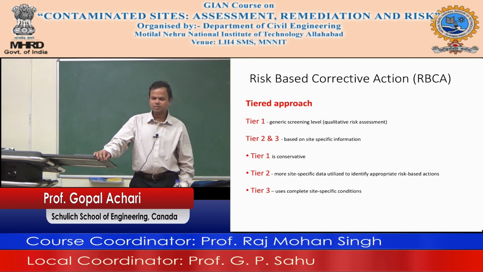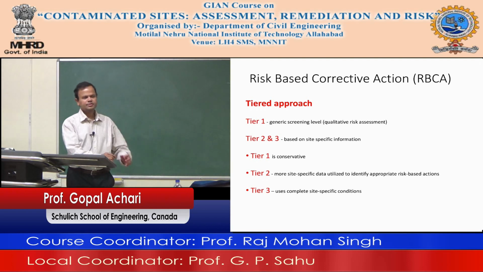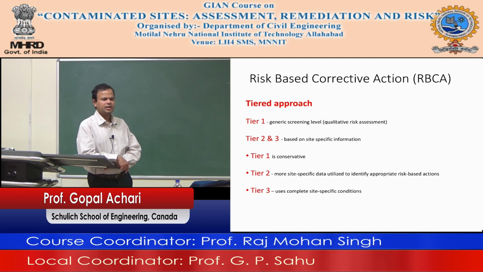So you can go and Google and find out that, for example, the number that comes to my mind, lead for an industrial site, according to the CCME guidelines, is about 140 milligrams per kilogram. So it's basically looking up a table and saying, okay, what do I have at hand?